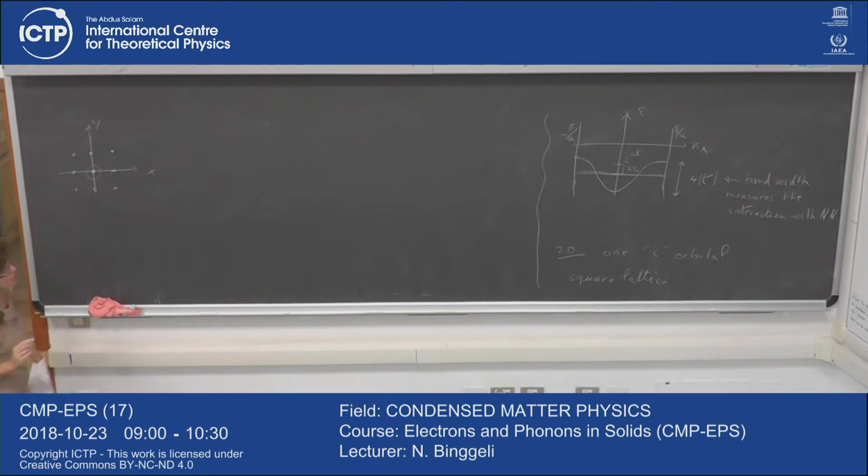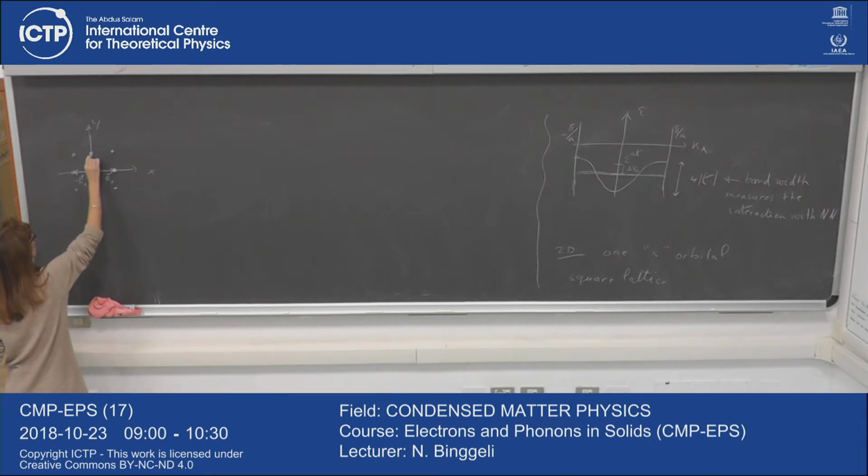And then my nearest neighbors are the atom 1 here, that is linked to the atom at the origin by the vector R1, the atom at the position minus R1 here, the atom here at the position R2, and the atom here at the position minus R2.